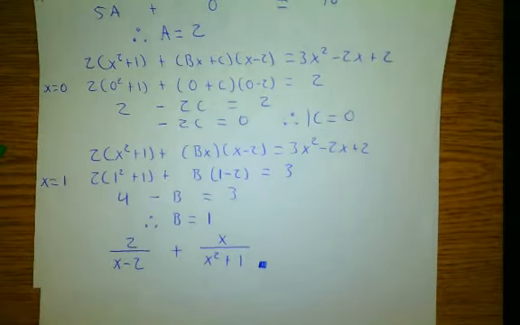Every problem that we have done so far on this lesson has dealt with a proper fraction. What does that mean? So give me an example using numbers of a proper fraction. 1 over 2, 3 over 4, 2 over 3. Those are all proper.